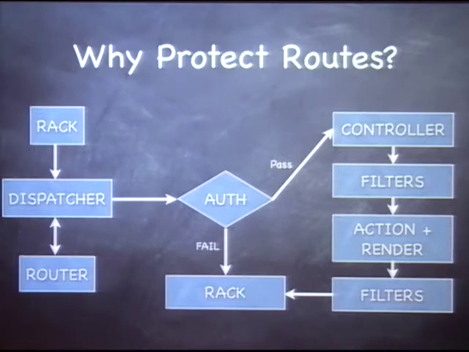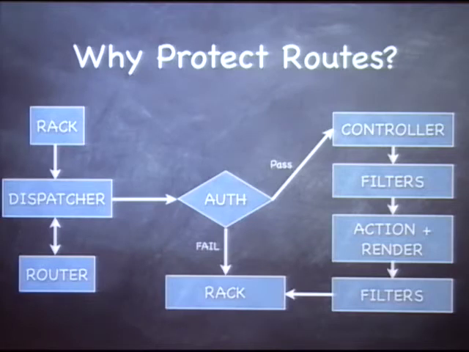You come into the dispatcher, it goes into the router, you perform your authentication there. If you want to redirect or fail or send back a basic authentication request, if you're doing it in the controller, you've basically got to create a controller object and go into the filters and run the filters and do it all there. And you're much further along the request response cycle before you stop.